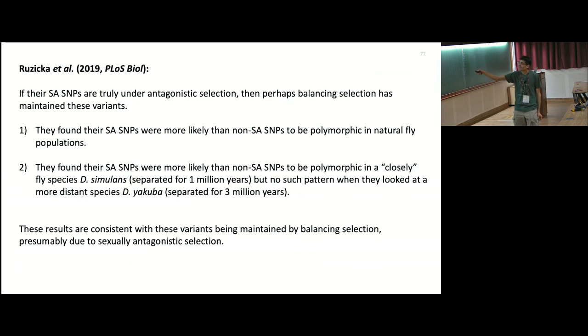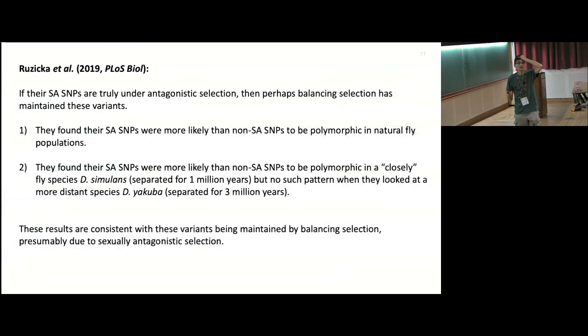And again, they found that those exact same polymorphisms were more likely to be found in Drosophila simulans than was the case for a matched set of control SNPs. I really think that's an interesting and intriguing result.